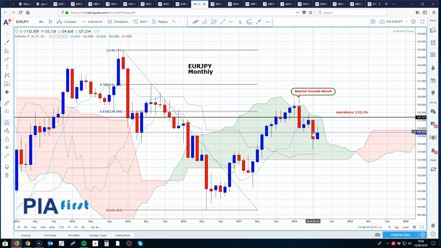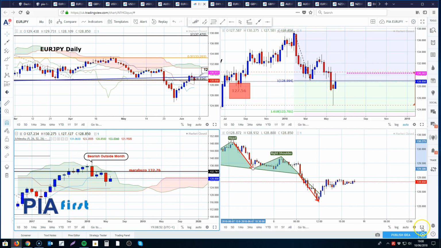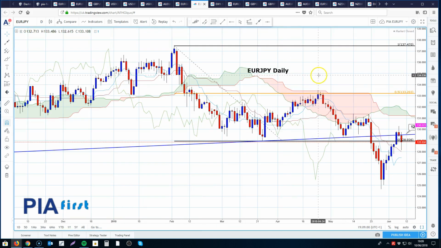Sometimes what happens is if we're inside the Ichimoku cloud on the monthly chart, we get mixed and volatile trading on the weekly chart. If we're inside it on the weekly chart, we get mixed and volatile trading on the daily chart. So we're seeing some pretty mixed formations and trading in this cross currency at the moment.